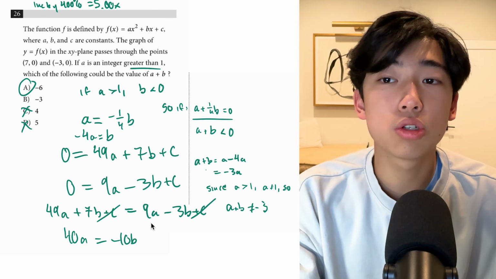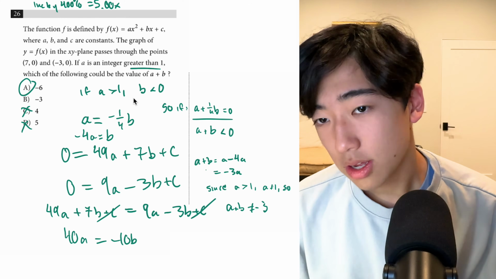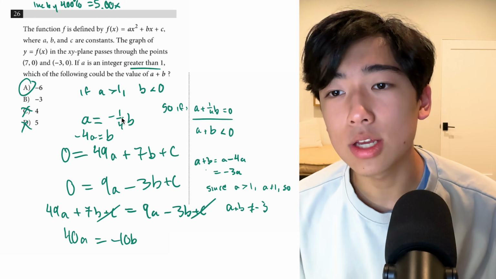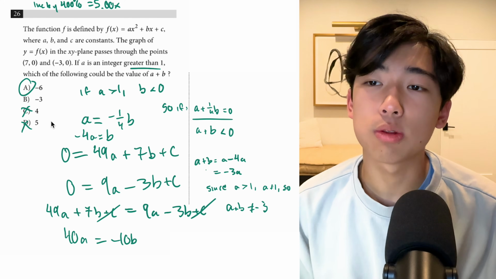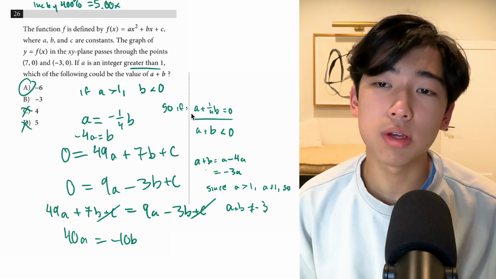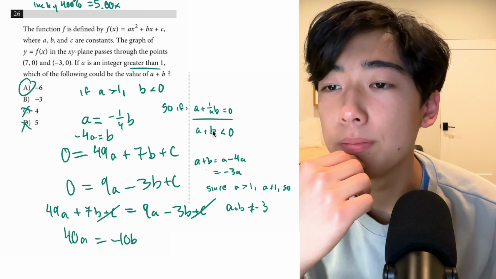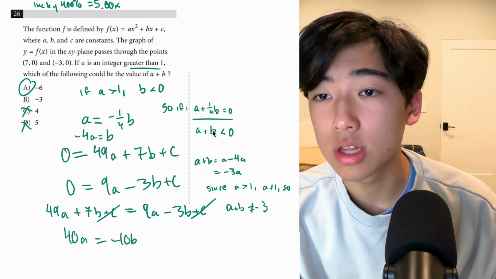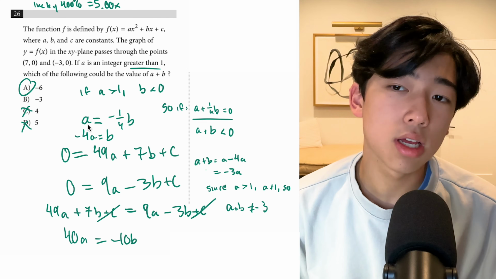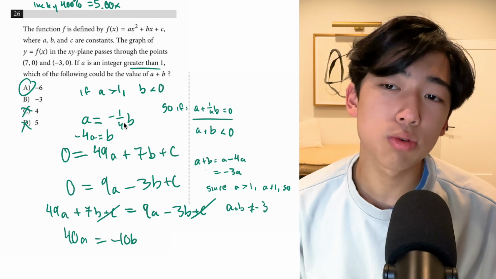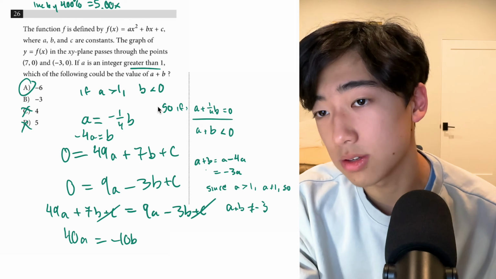My first approach, which is definitely a slower approach and doesn't actually get you anywhere, was I found a equals minus 1/4 b. And we know that a plus 1/4 b equals 0 if you add 1/4 b to both sides. Since we know a is greater than 1, that means in this equation b has to be negative, because a negative plus a negative equals a positive.